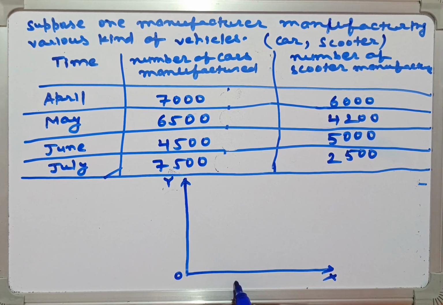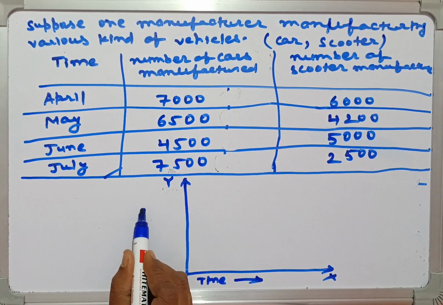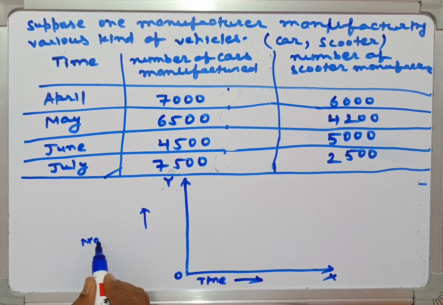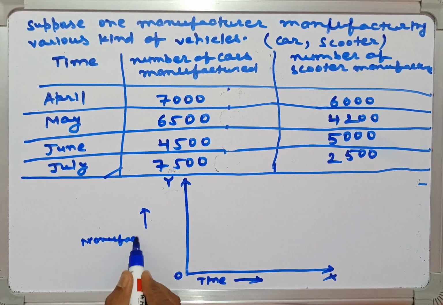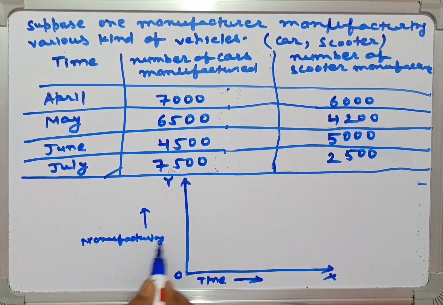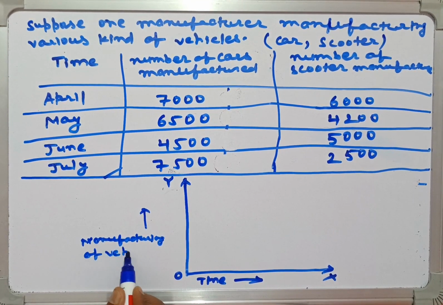Okay, now on x-axis we write time. Okay, and on y-axis in this direction manufacturing of vehicles.